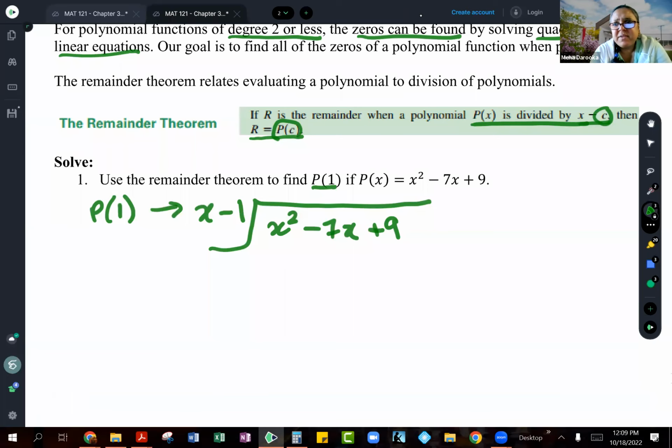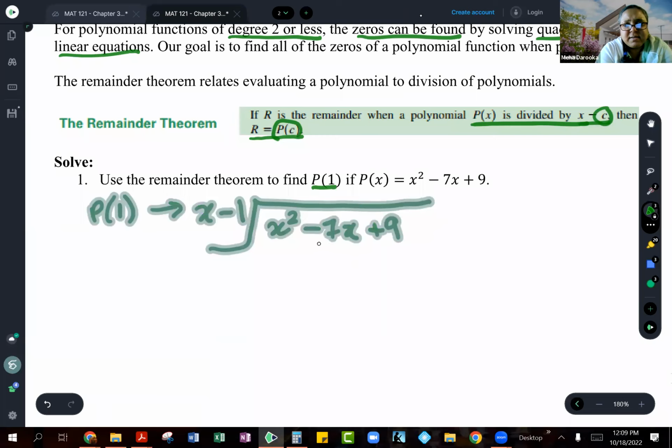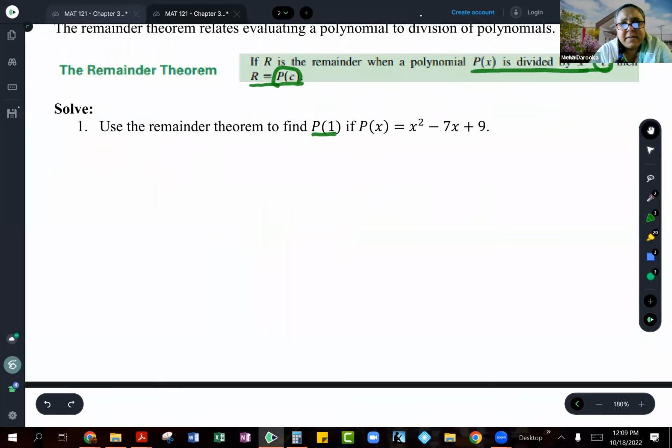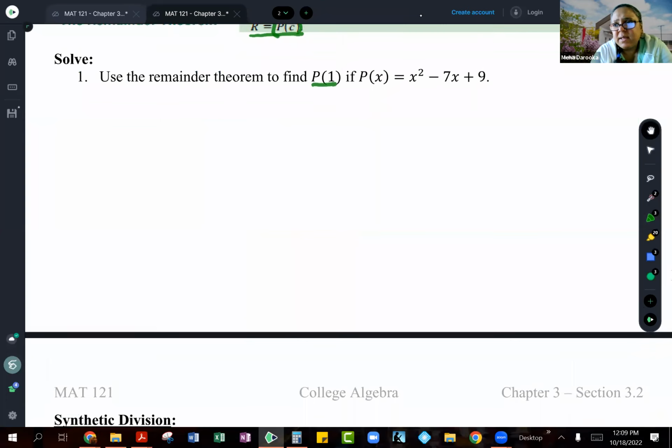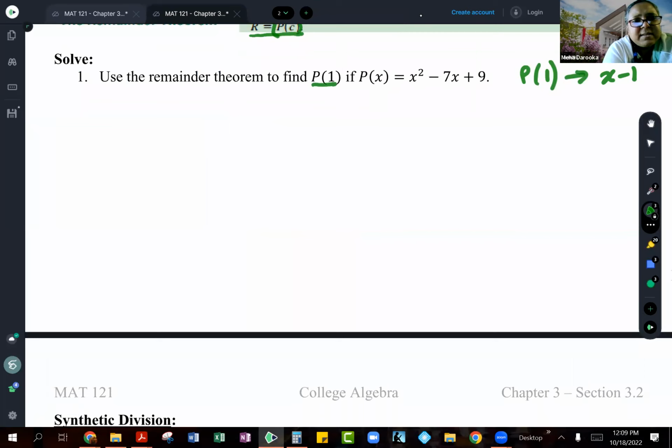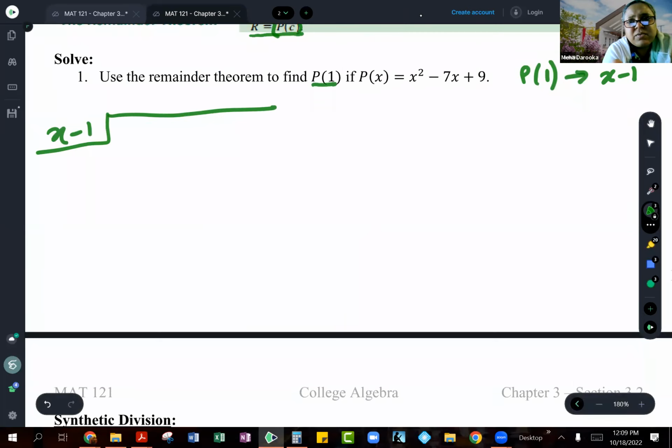Let me write this out a little bit better because I'm going to run out of space like this. Okay. So we're going to take our p of 1 and set it up as x minus 1. Then we're going to divide the x minus 1 into our polynomial of x squared minus 7x plus 9.